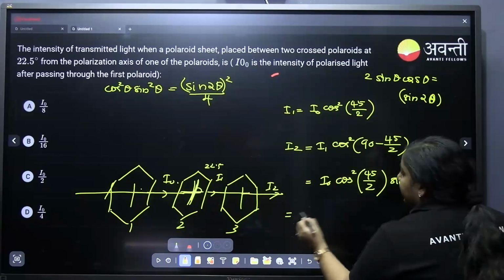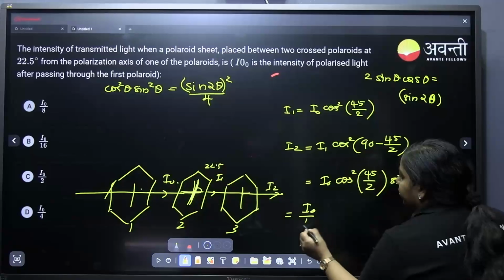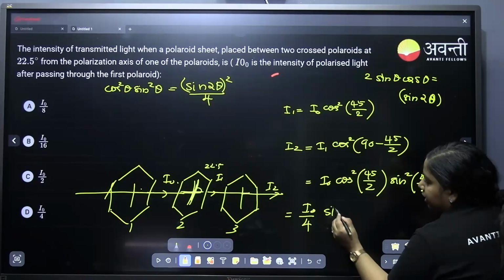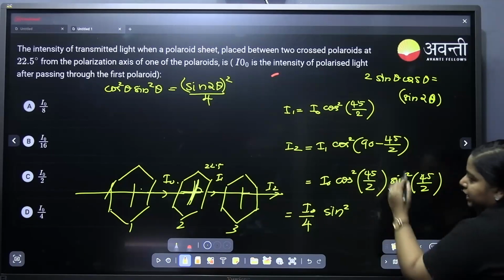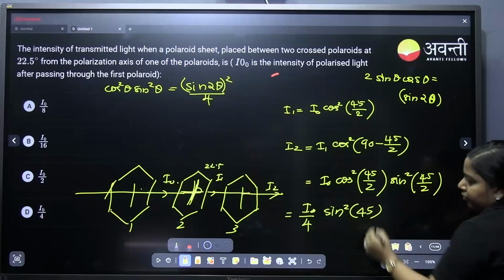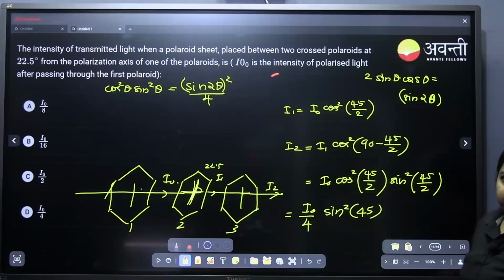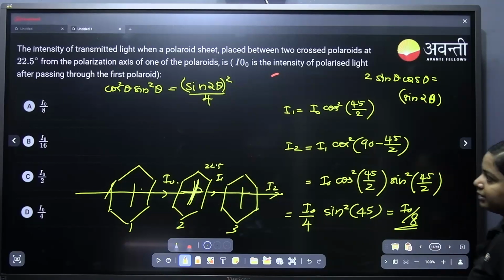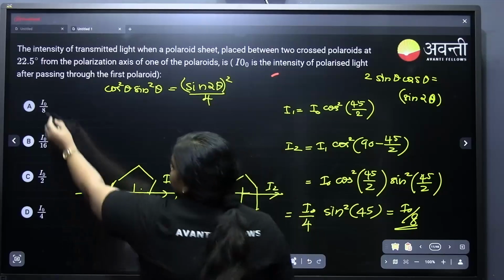Substituting that, we will get I naught by 4, then sin square 2 theta will be sin square 45. Sin 45 is 1 by root 2, square is 1 by 2. So this will become I naught by 8. Answer option A.